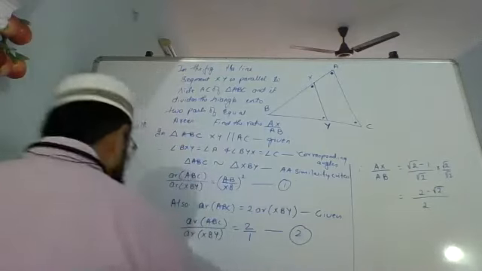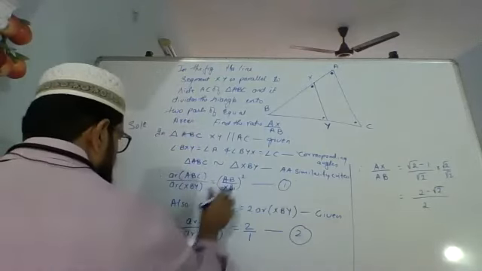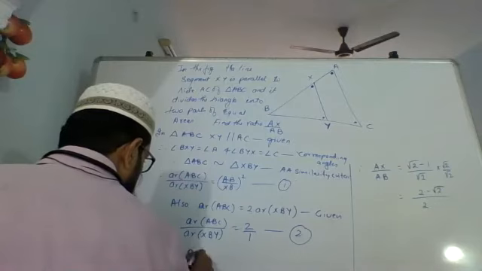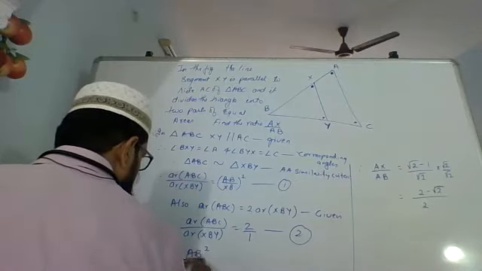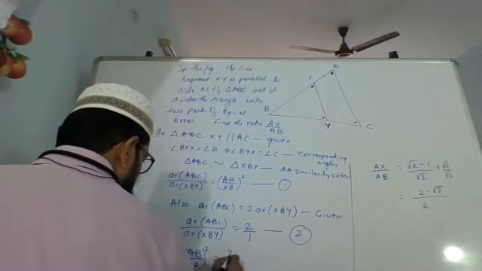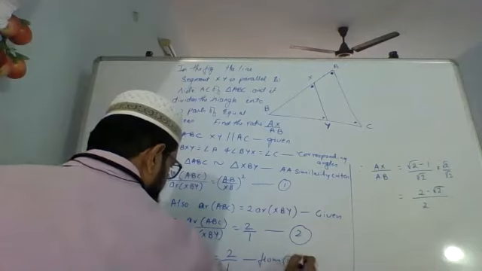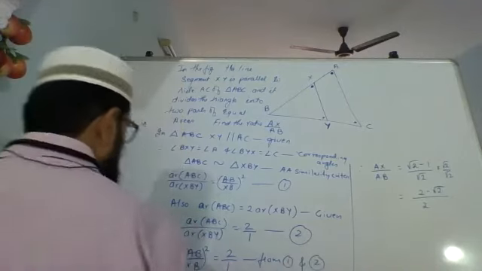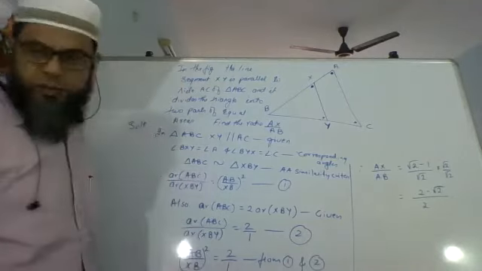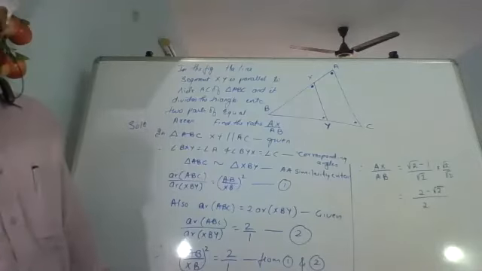Therefore, from 1 and 2 you get AB upon XB, the whole square, equals 2 upon 1.